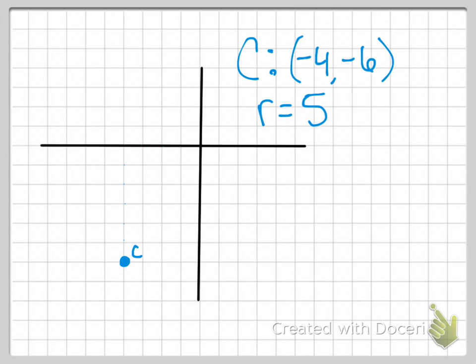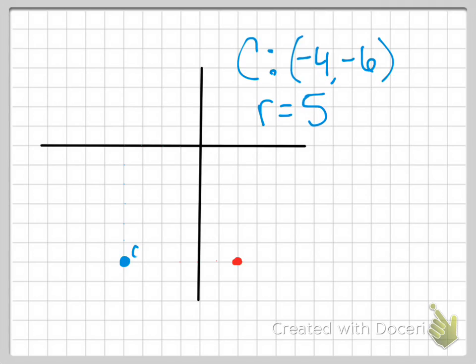Then to get my other points, where am I going from my center? Out 5 units in all directions. We have to go out 5 units from our center in all directions. So I'm going to go to the right 5 units.